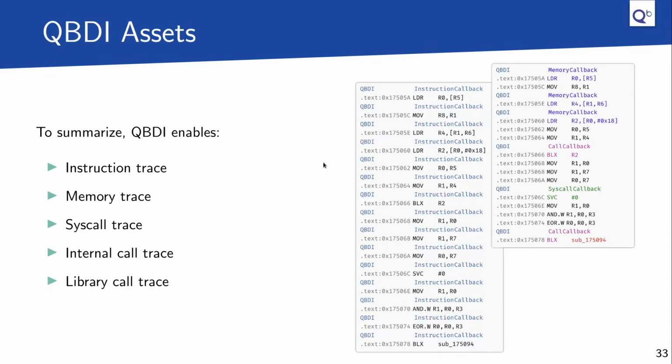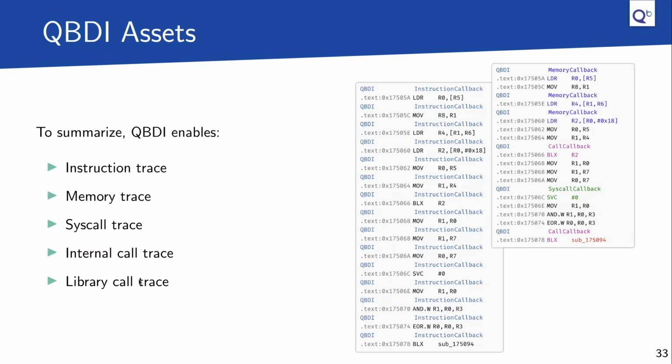So to summarize, QBDI provides some primitives to instrument code. Among these primitives, you can generate an instruction trace, which you sometimes need when you want information about all the instructions, but you can also have a memory trace if you are only interested in memory accesses, or a syscall trace, or an internal call trace, or an external library call trace.